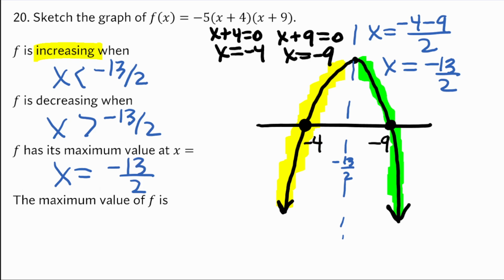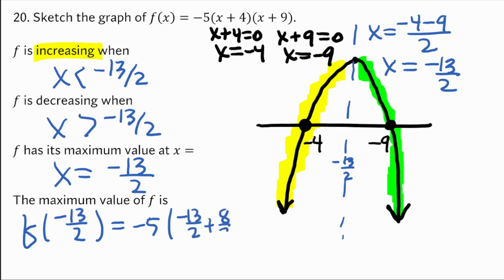The maximum value of f is, well, f of -13/2, which is going to equal -5 times -13/2 plus 4, that would be -5/2, times x plus 9, that would be 5/2.